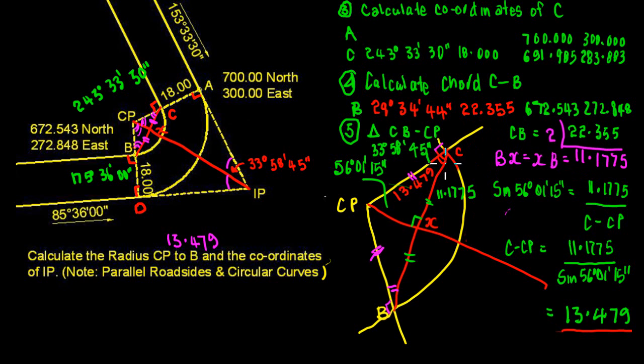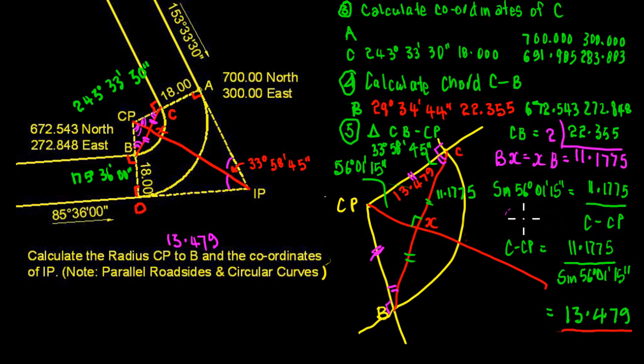Now that gives us this little triangle here, of course, in which the radius C to CP is also equal to B to CP, and that's in a right angle triangle, which I don't think we need to do too much explanation on.